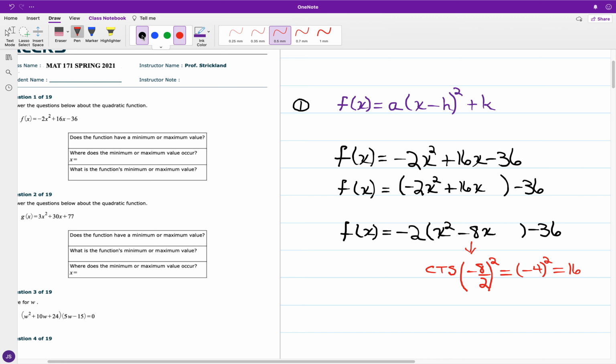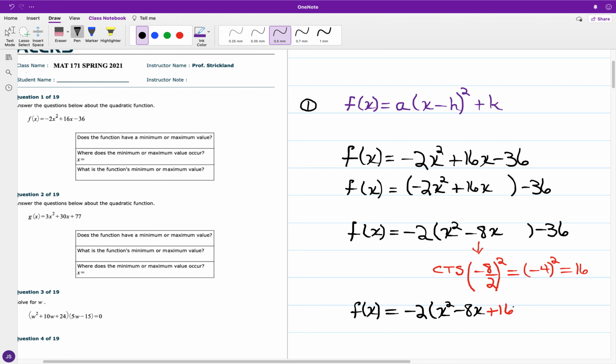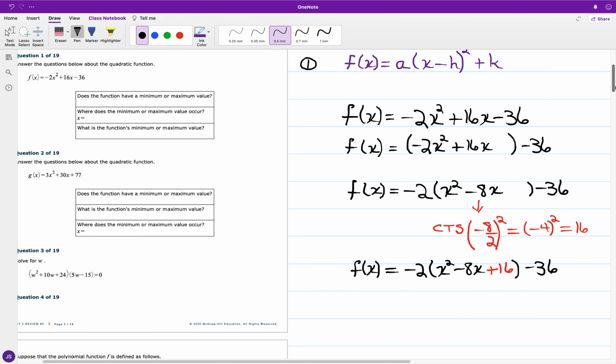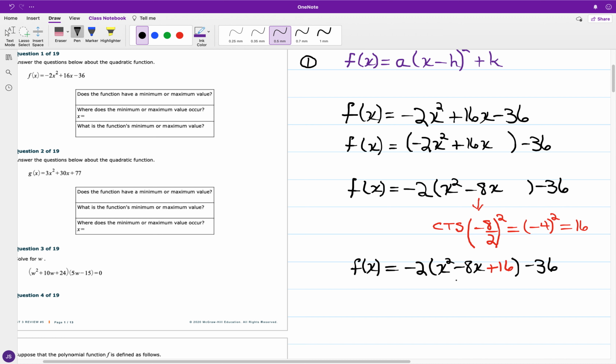So we have f of x is equal to negative 2 times the quantity x squared minus 8x plus 16, and minus 36. I want to keep things level with negative 2x squared plus 16x minus 36.